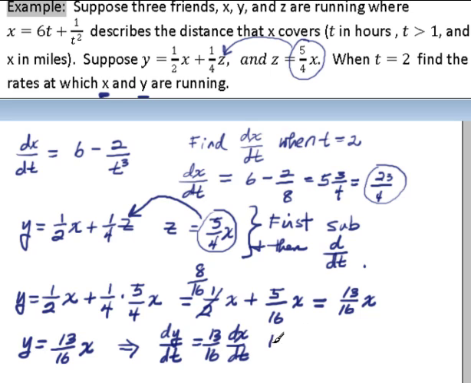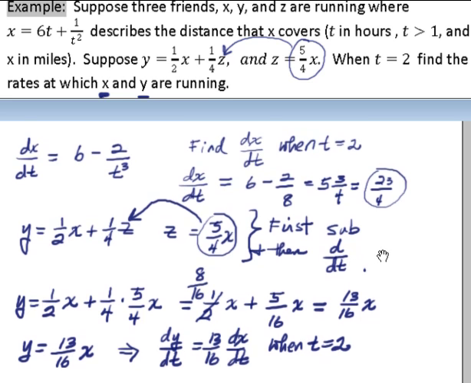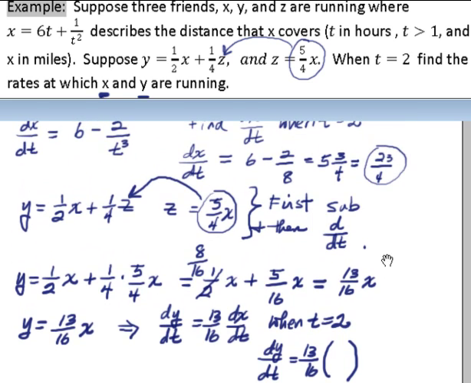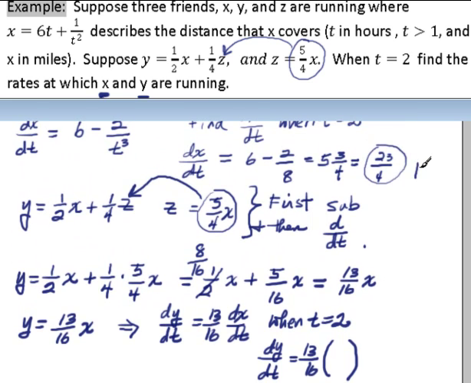And so when t equals 2, we want to figure out what dy/dt is. So let's do that. When t equals 2, dy/dt is equal to 13 over 16 times the result that we got over here. Let's see, where is that? This one.